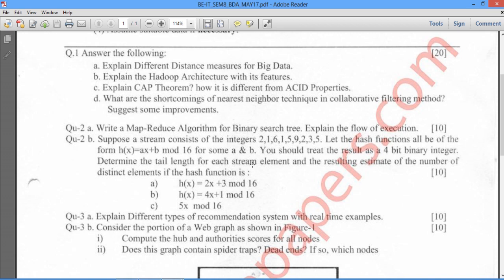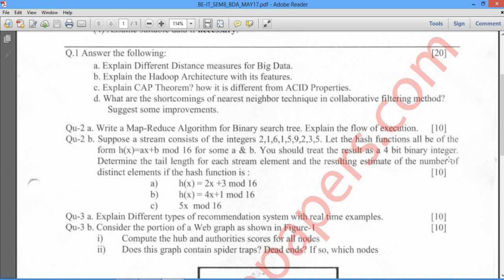Please understand, in this question paper they have strictly mentioned that you should treat the result as a 4-bit binary integer. So it has to be 0 0 0 0 like that. It cannot be 3-bit as we were taking in our example. We were taking 3-bit because the highest we had was 4, and 4 could be represented as 100, right?